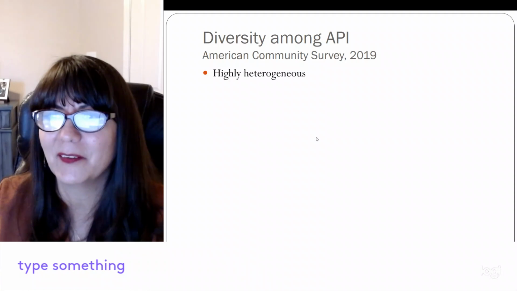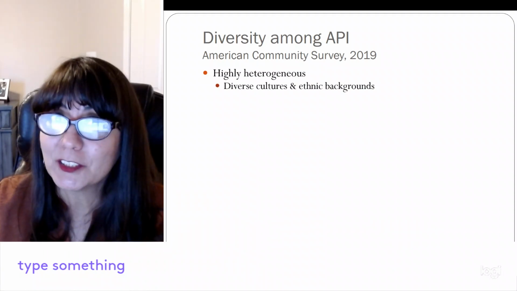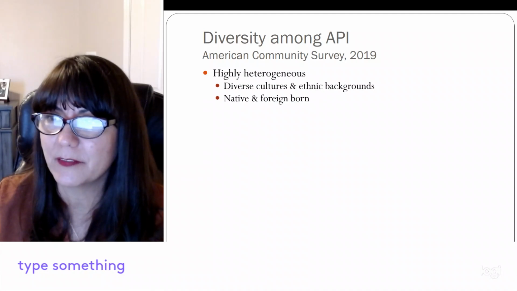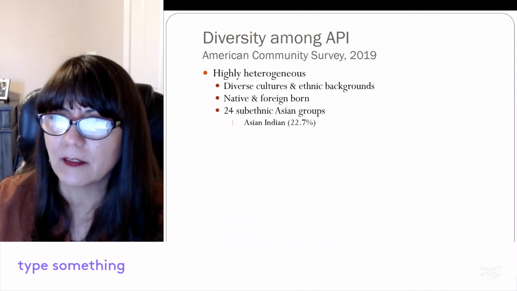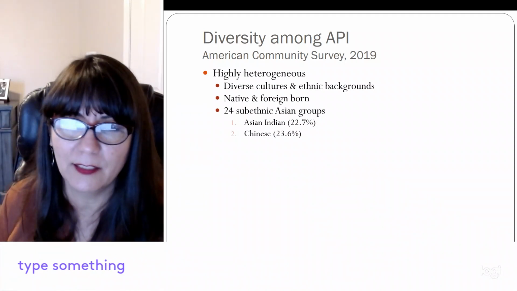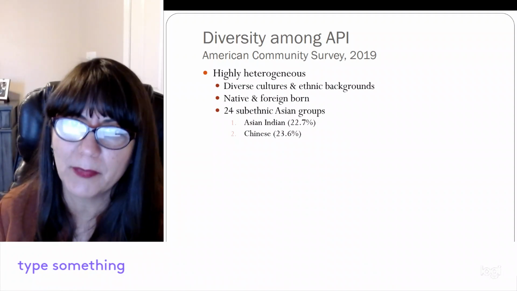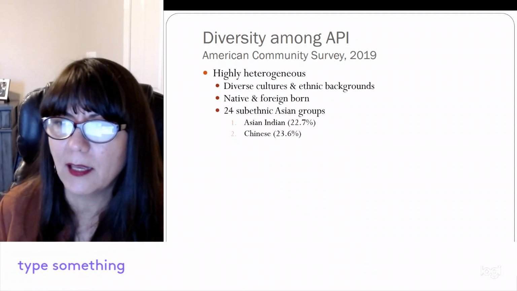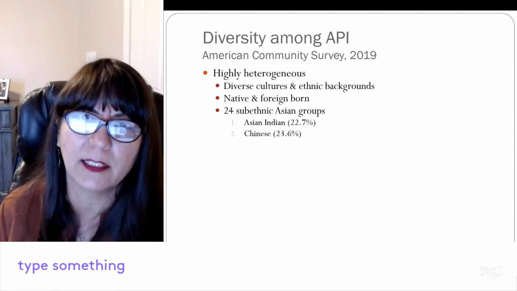And so also lots of diverse cultures in the Asian Pacific Islanders. So the largest, well, not Asian Indian, Chinese is the largest Asian Pacific Islander subgroup at 23.6%, followed by Asian Indian Americans.